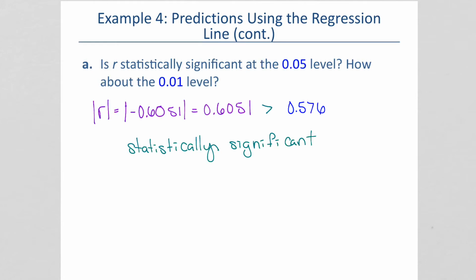Oh, back on part A, it also asked us, how about at the 0.01 level? So how would that compare to the 0.01 level?